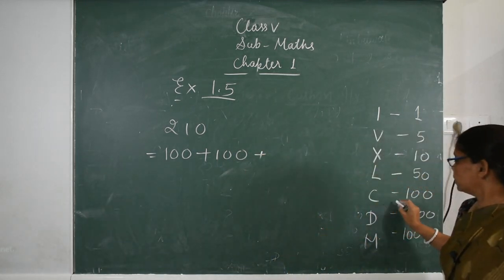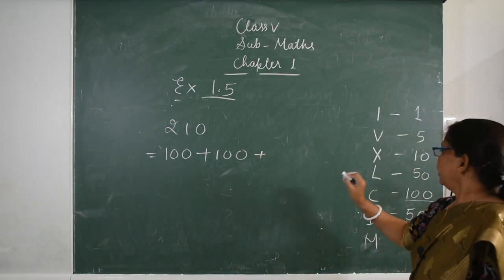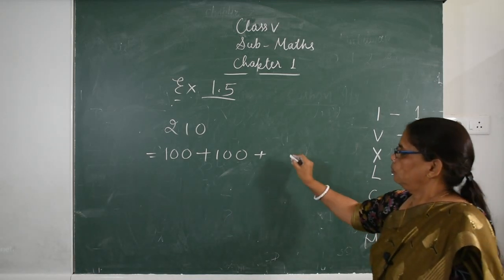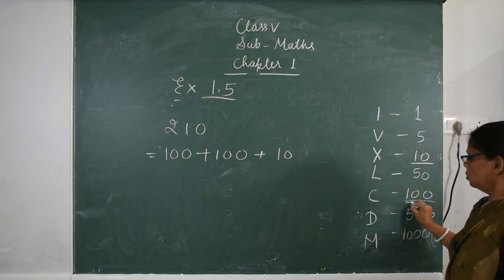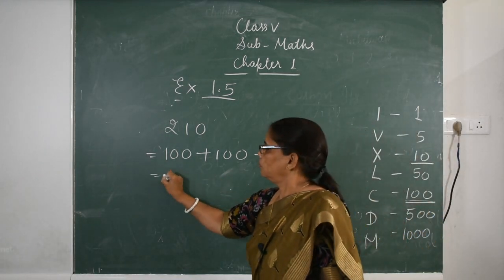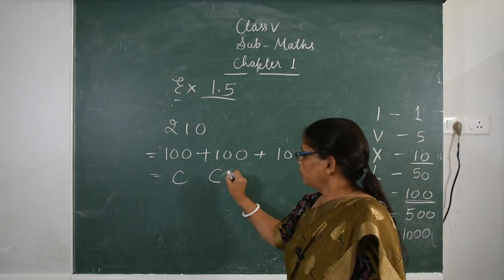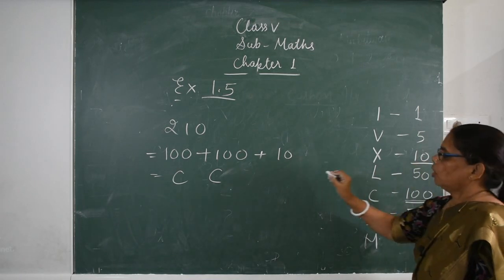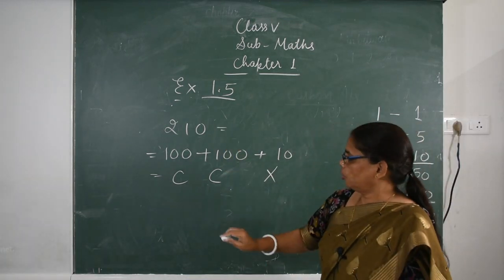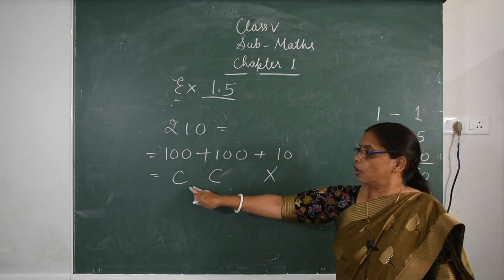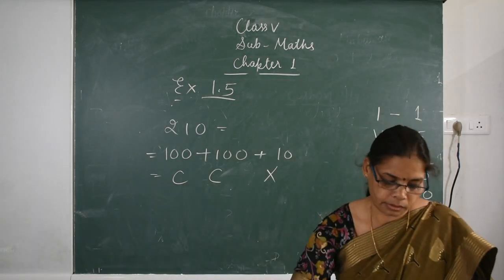We have the symbol for 100, see this, and for 10 also. So 100 stands for C, again C, and 10 stands for X. So 210 is written in Roman numerals as CCX.